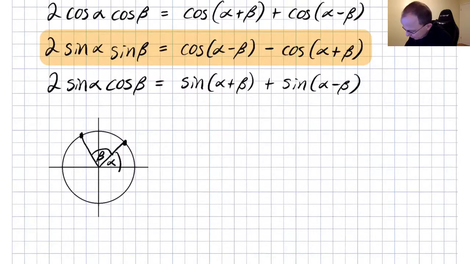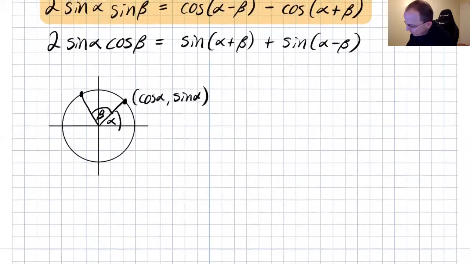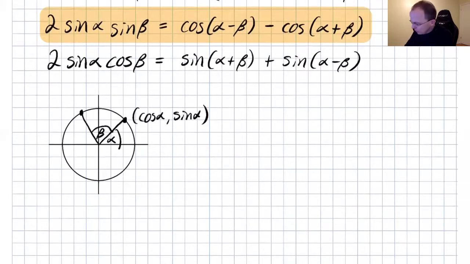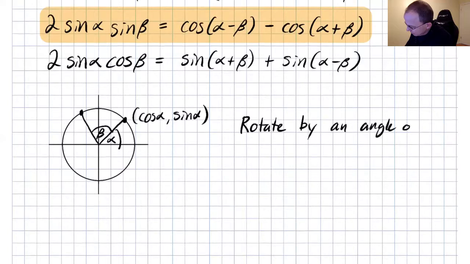So first of all, we know that this point here is going to be (cosine alpha, sine alpha). And we also know that you can rotate by an angle of beta as follows.